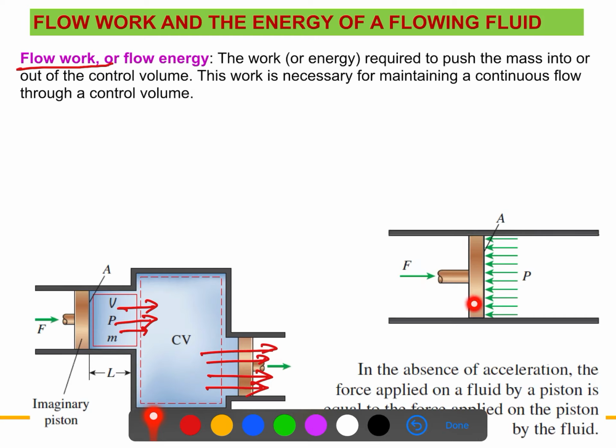What I said is that the amount of force applied by the piston on the fluid will be equal to the amount of force applied from the fluid to the piston. So we are applying a force on the piston, and an equal amount of force will be applied on this piston by the fluid. It should be uniform and will not change; it will be steady state.